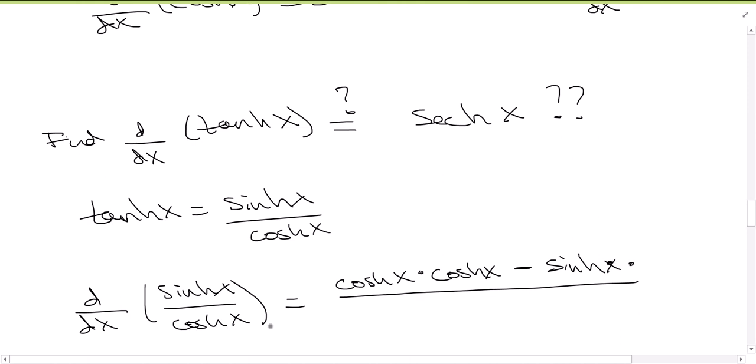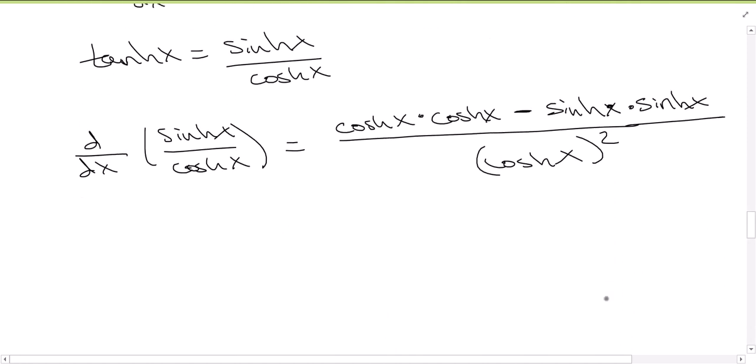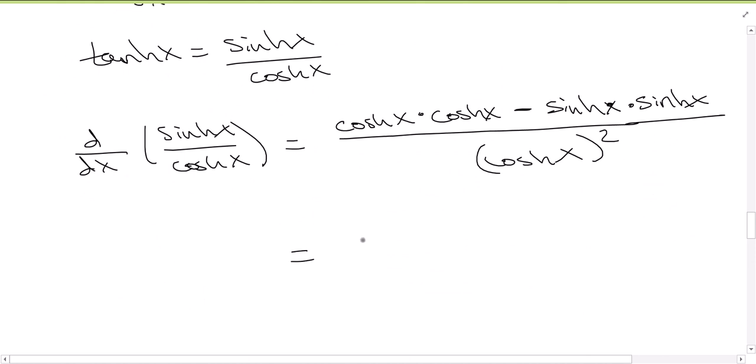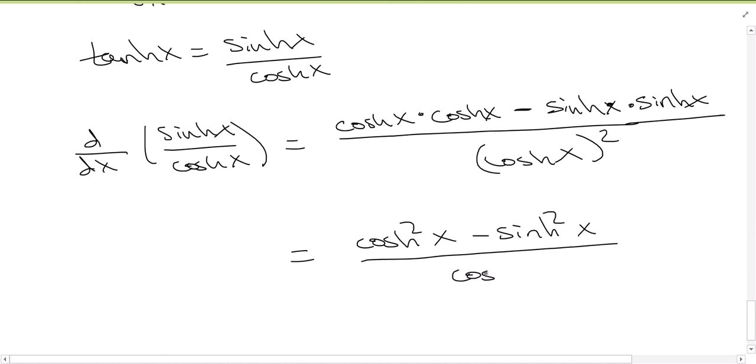The derivative of cosh is positive sinh x, all over cosh squared. And so I really have cosh squared x minus sinh squared x all over cosh x squared. So now what do we do with this?